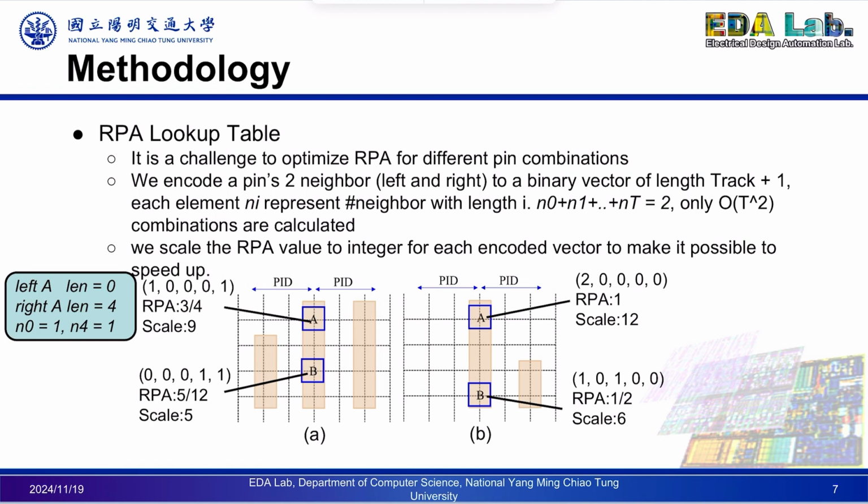Because we define the space and PID, we can only consider the first left side and first right side neighbor. So the possible combinations of this vector will be equal to this function, t squared.